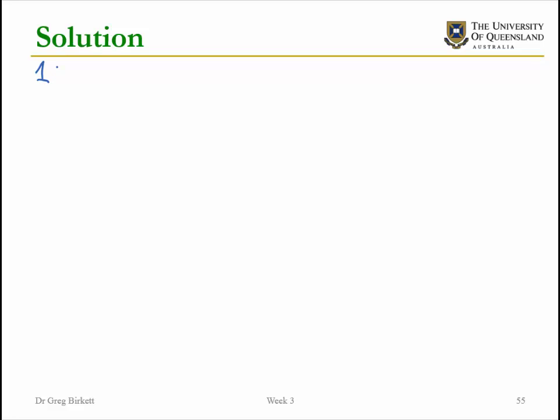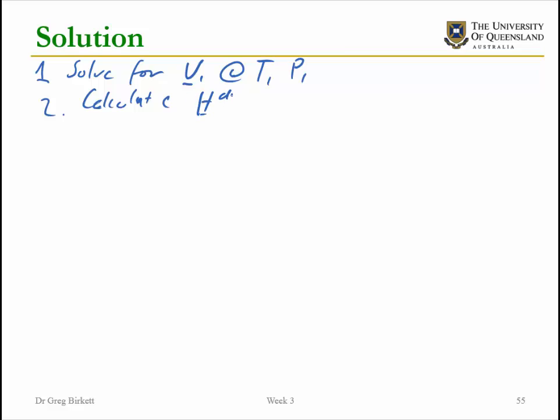We know what the inlet conditions are, so we solve for the inlet volume at T1 and P1. We can calculate the H departure at those inlet conditions. Then we can guess what the outlet temperature is.